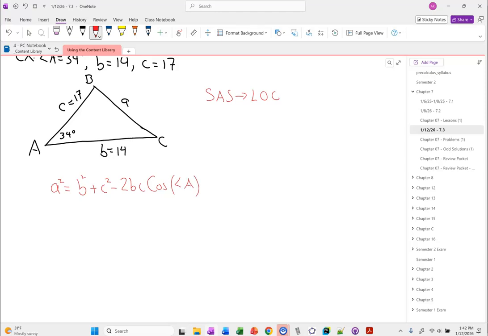So that's the formula I'm using. So I'm just going to plug in now. Any questions on how I plugged into that formula?